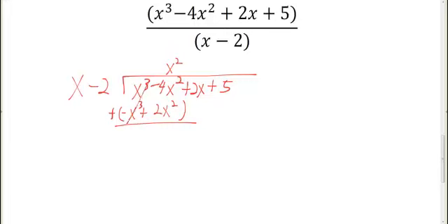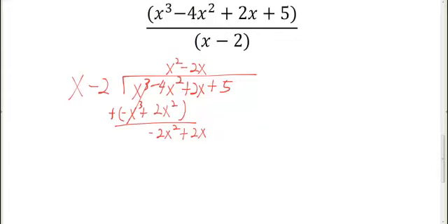And negative 4 plus 2x squared is negative 2x squared. Plus 2x. Again, ask yourself x times what equals negative 2x squared, which will be negative 2x. And notice that I'm lining everything up too. So all my x squareds are in the same line, all my x's are in the same lines.